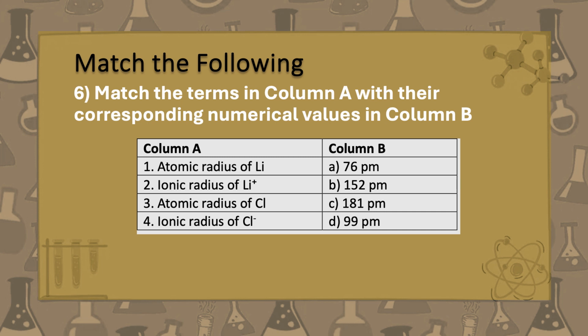This is another match the following type of problem. In column A, there are some ionic radii and atomic radii. In column B, there are corresponding numerical values.